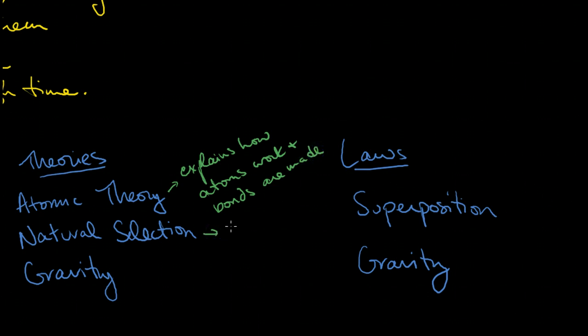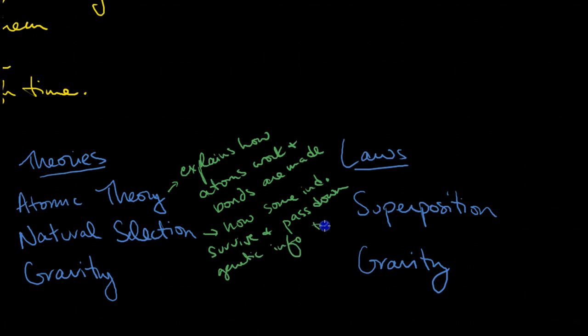Natural selection explains how some individuals survive and pass down genetic information, genetic info, to offspring. We'll talk more about this later in the evolution unit, but they're passing down successful traits, genetic traits.